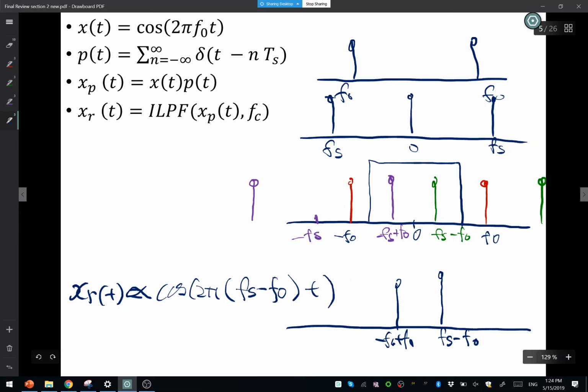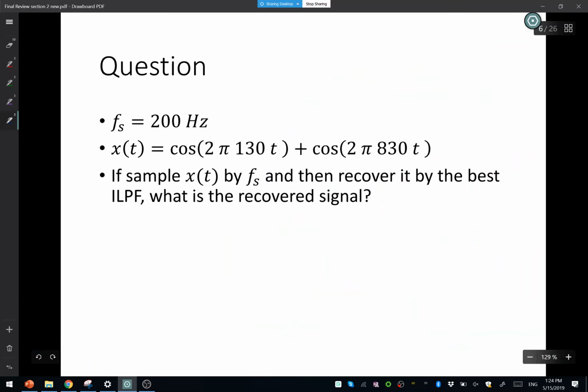So this is not the original signal we got. Any question? So then we can do that without any math. We can try to recover a signal.